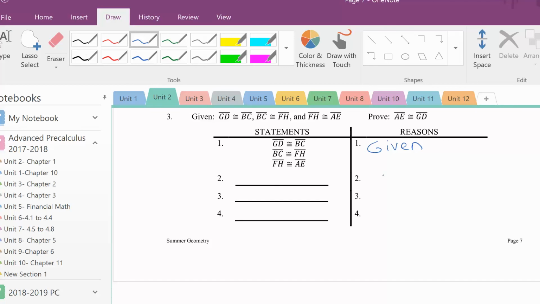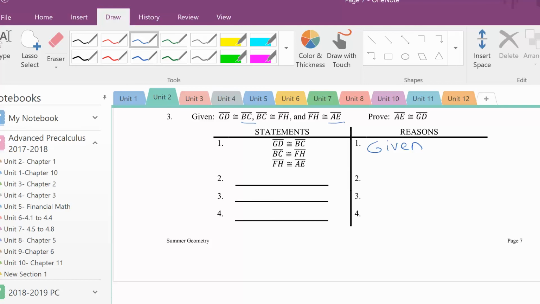So what we need to do first, since we know that GD is congruent to BC, we're trying to say that BC is congruent to AE. So what we need to do is set up some way to relate that GD is congruent to BC.